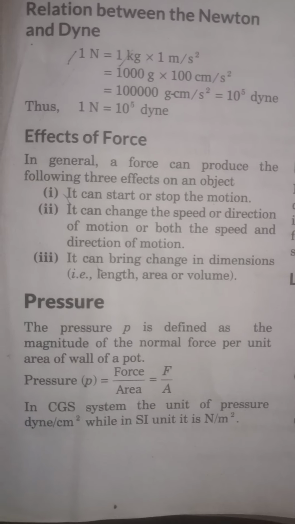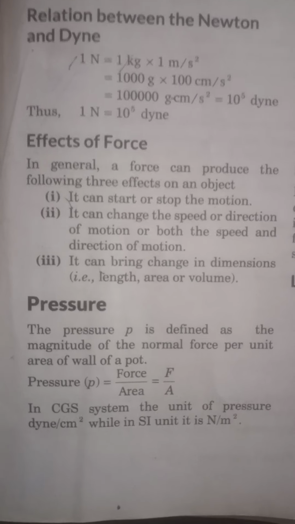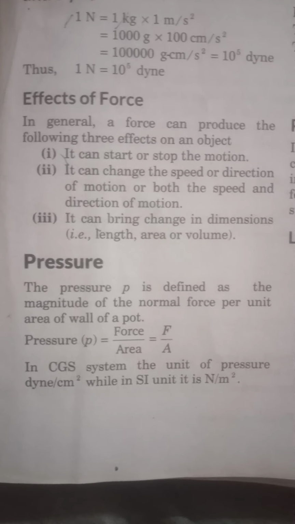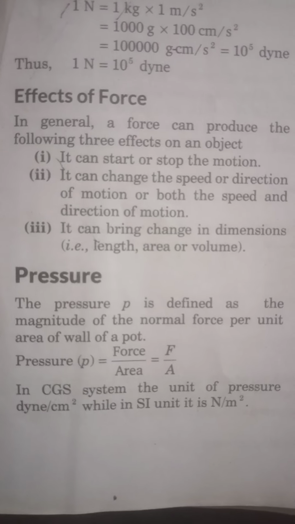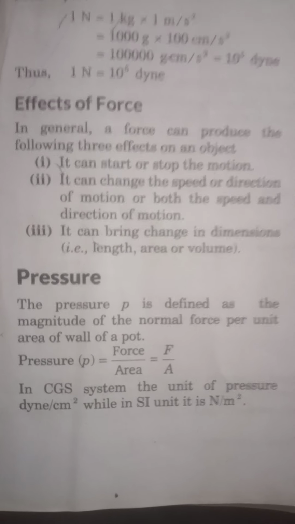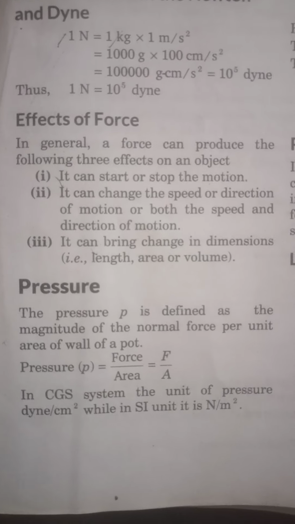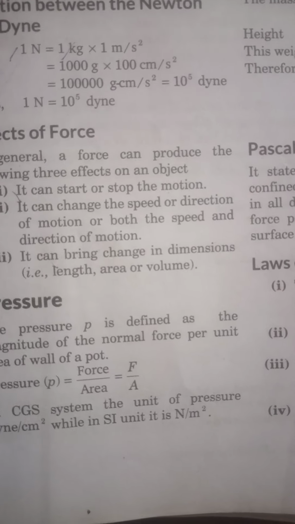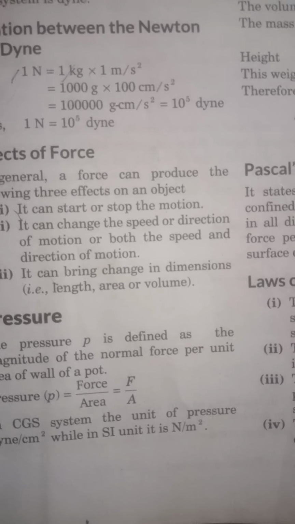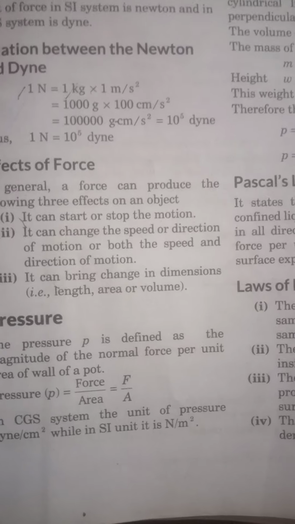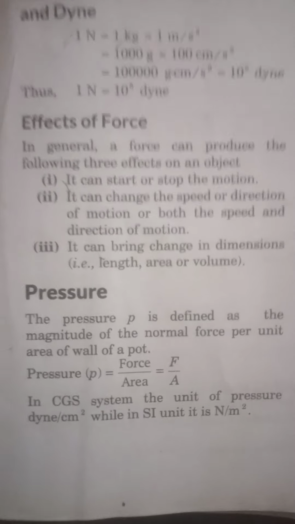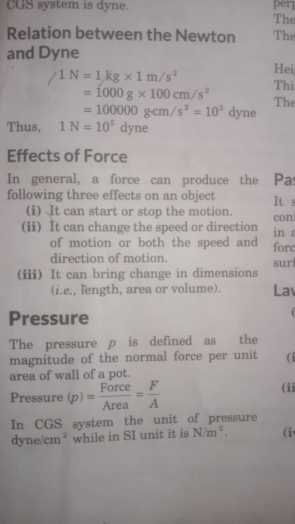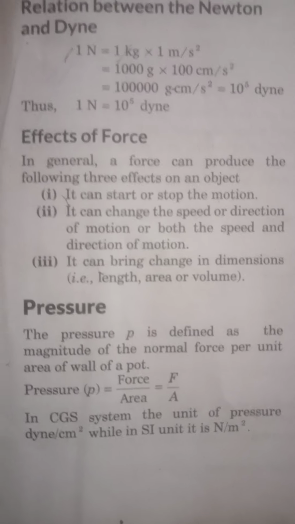Now the next was pressure. The pressure, small p, is defined as the magnitude of the normal force per unit area of wall of a pot or a point. When you apply pressure, for example, mummy kneads dough, she applies pressure on it. So if you are pressing something down, you apply pressure, you apply force on it.